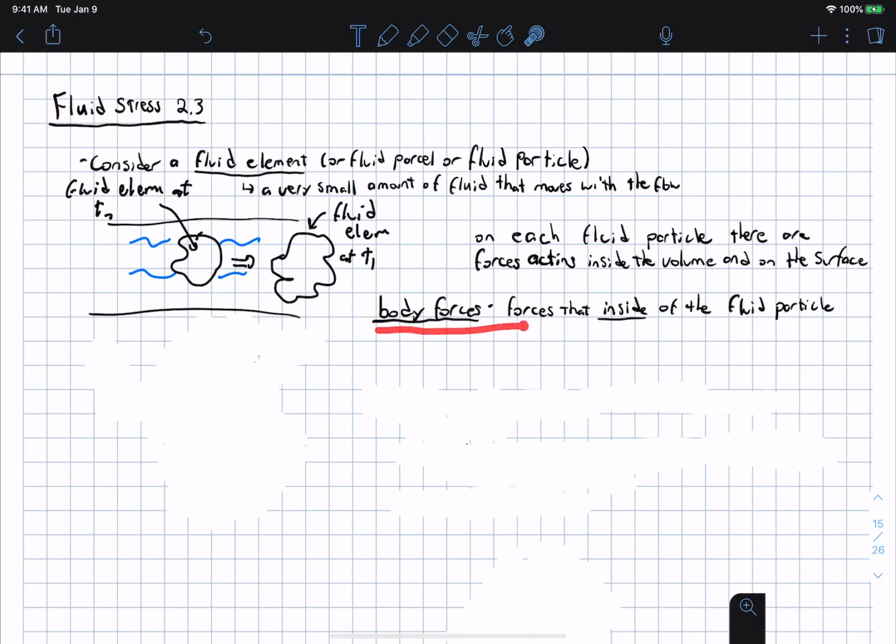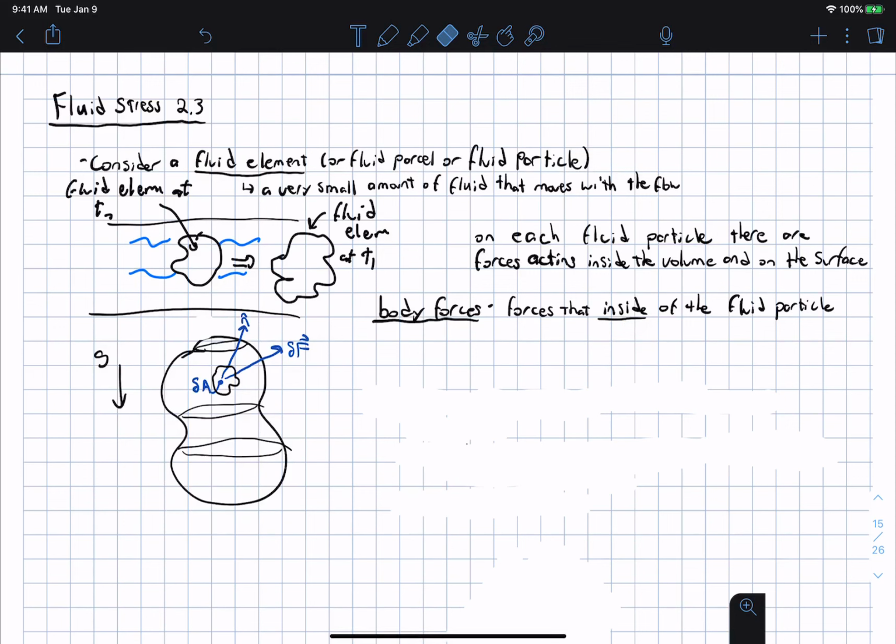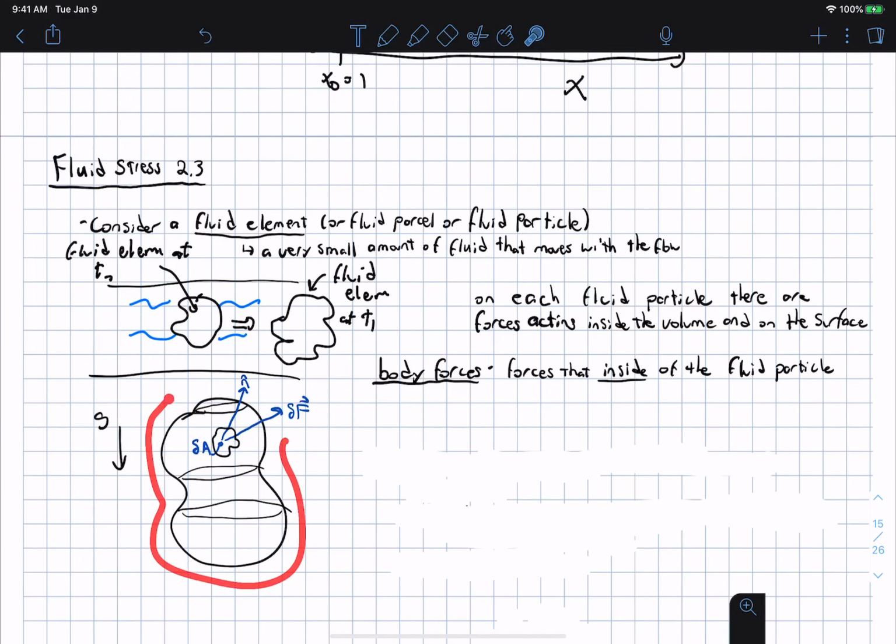There are body forces, and those are forces that occur inside of the fluid particle. So if I get rid of the box over a diagram here, I basically zoomed in on a fluid element right here.